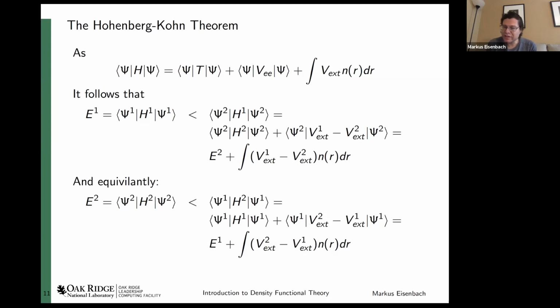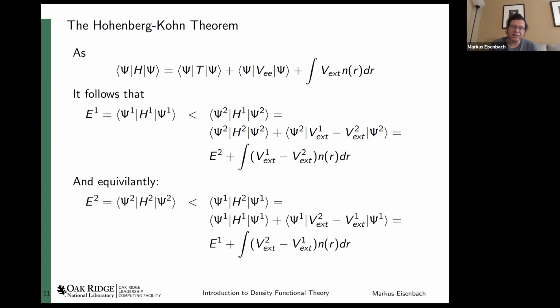And equivalently, we can do the same procedure with the Hamiltonian H2 and find that E2 has to be strictly smaller than E1 plus the difference of the external potentials, now with a reverse sign. And you see where this leads.